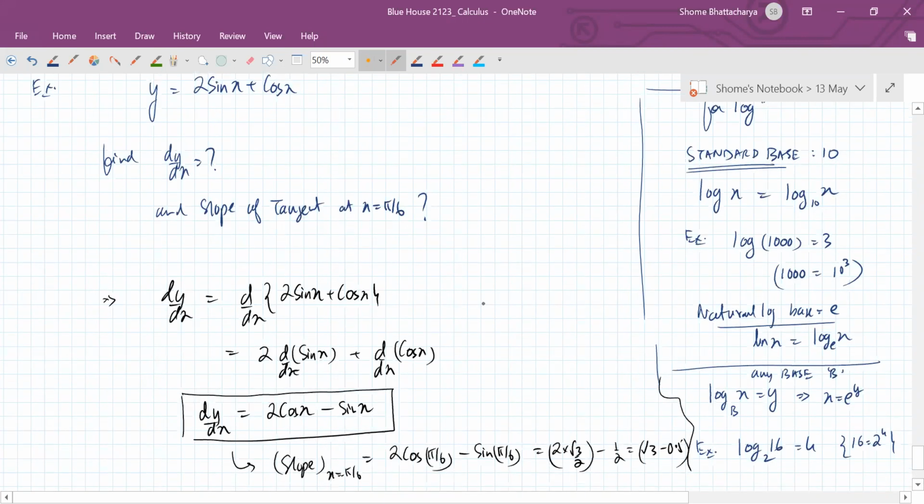We can write it approximately as 1.73 minus 0.5, or 1.23. Okay, so all these types of functions we can deal with quite easily.